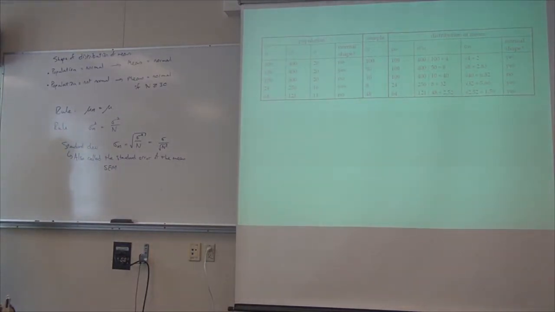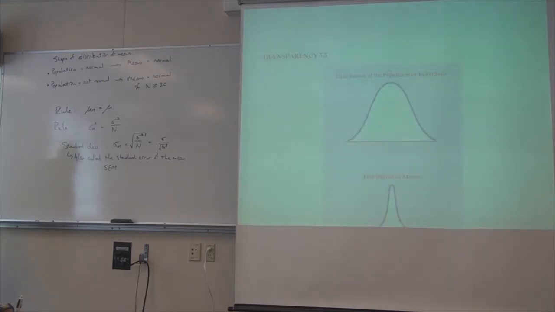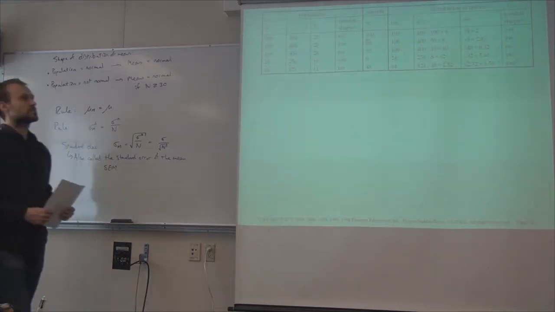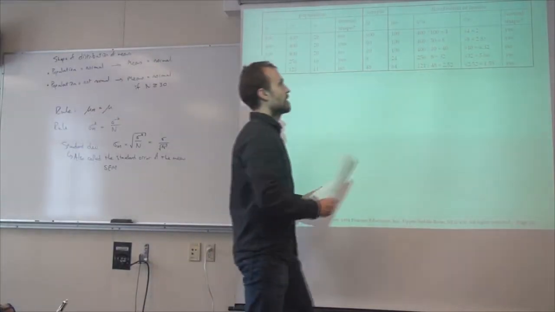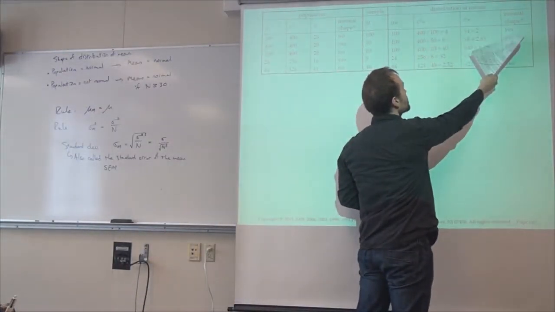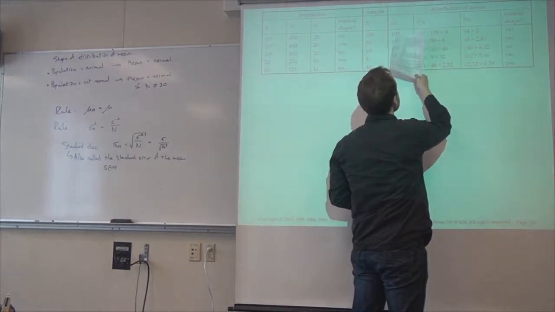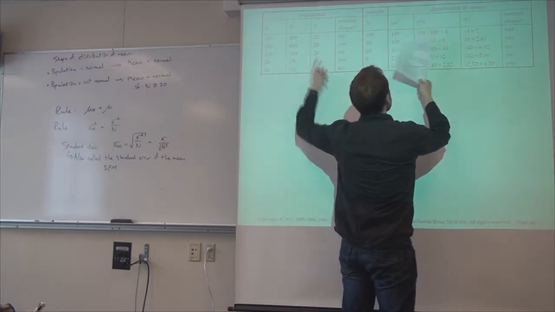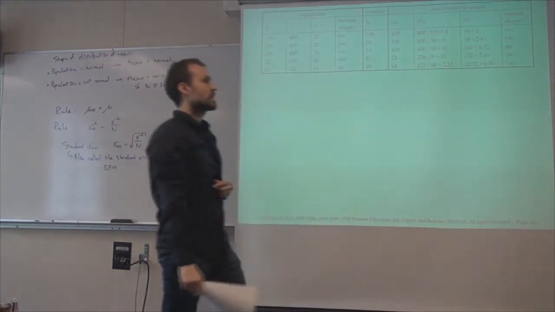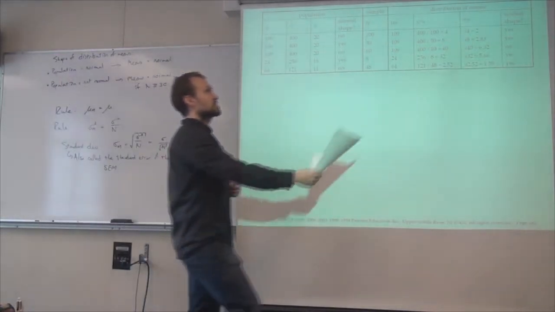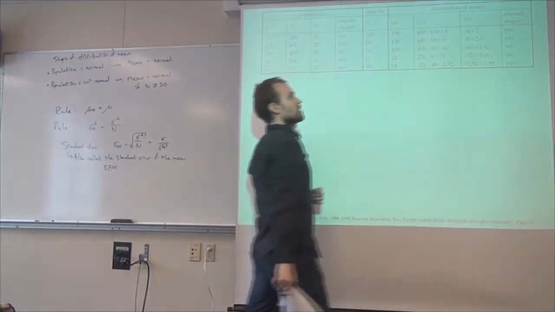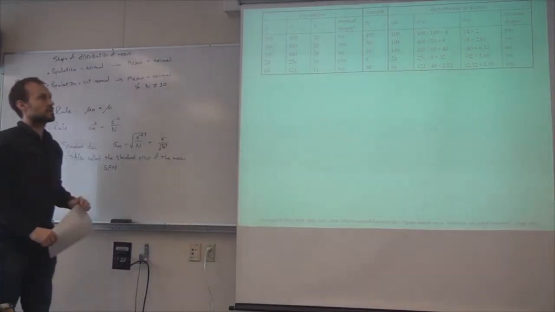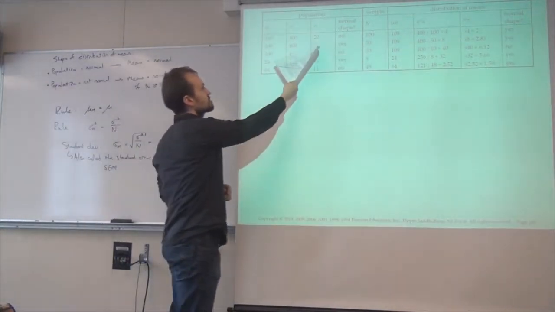If my sample is 100, it doesn't matter. The distribution of means will be normal, and the means are the same, and the standard error of the mean, the standard deviation of the distribution of means, I calculate from the population standard deviation.